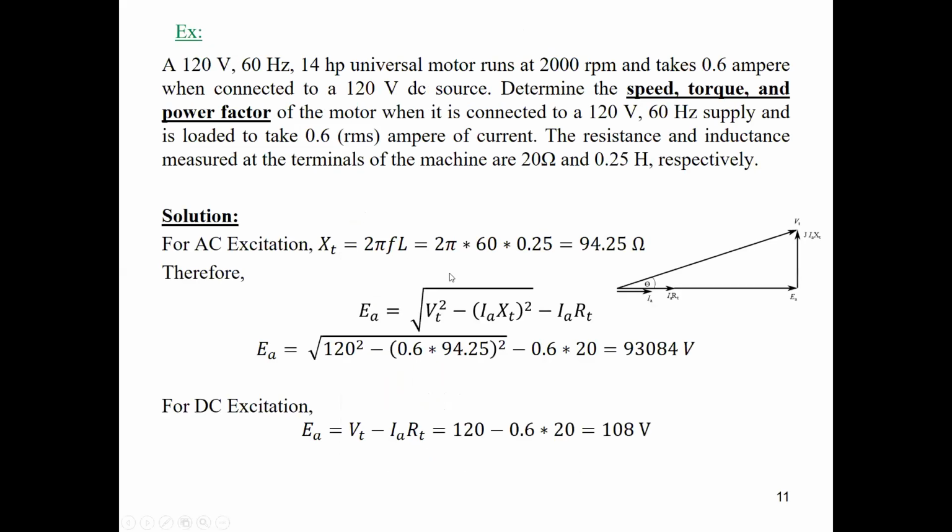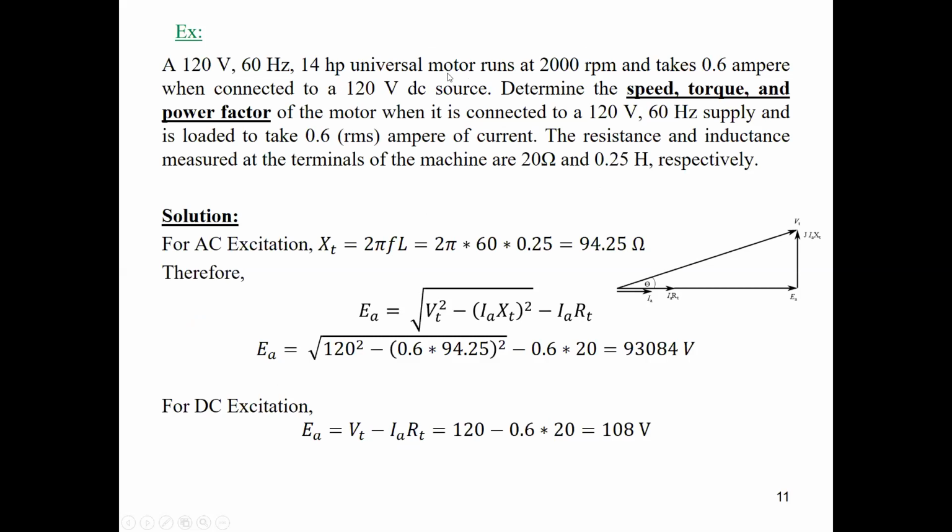This is a simple example. A 120 volt, 60 hertz, 1/4 horsepower universal motor runs at 2000 RPM and takes 0.6 ampere when connected to a 120 volt DC source. So this machine, we started here with the nameplate data, 120 volt, 60 hertz.